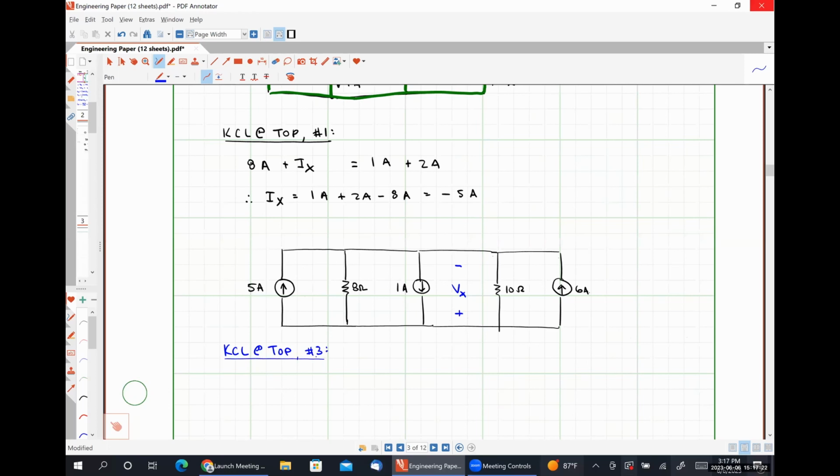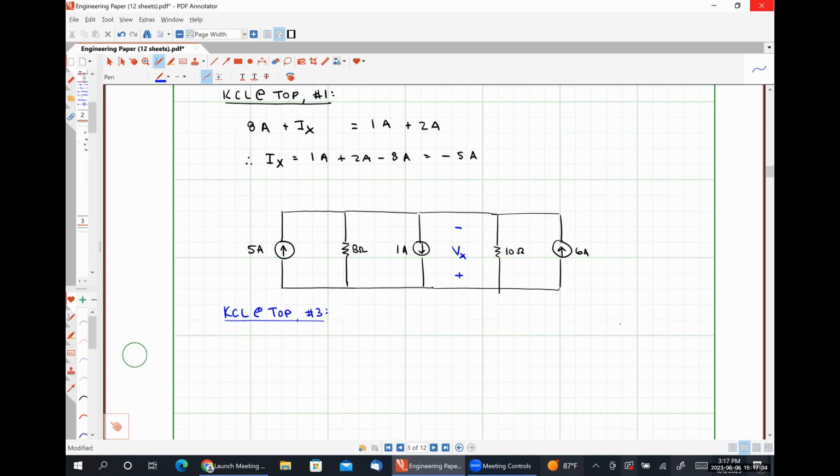What this means is that any current that is leaving the top node will get a positive sign, and any current that is entering the top node will get a negative sign. So starting with the 5 amp source on the left, that one is entering the top node, so it's going to get a negative sign.